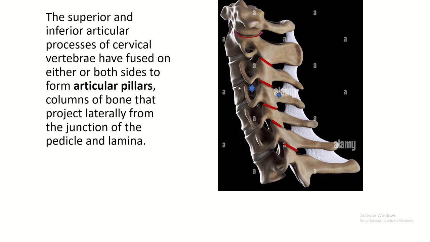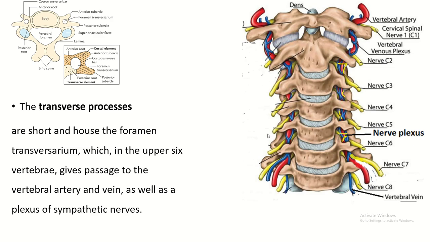The superior and inferior articular processes of the cervical vertebra have fused on either or both sides to form articular pillars, columns of bone that project laterally from the junction of the pedicle and lamina. The transverse process of the cervical vertebra is short and houses the foramen transversarium.